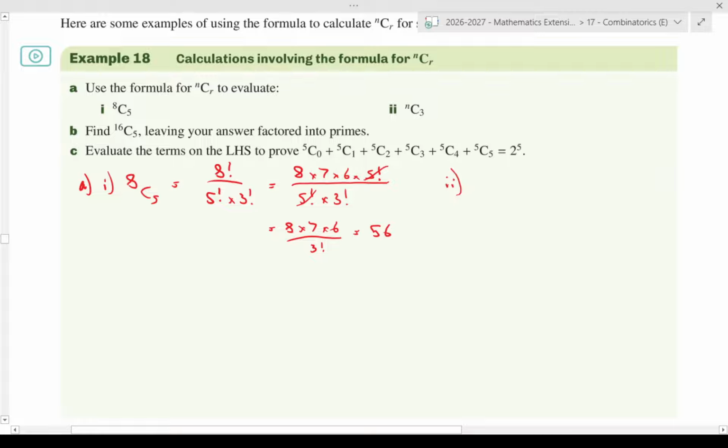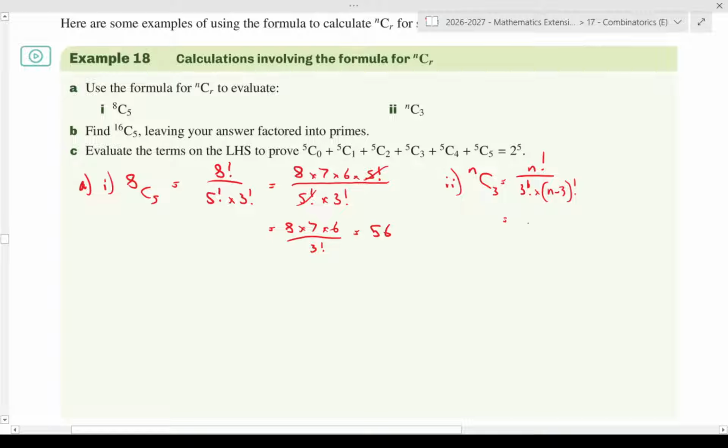We've got nC3. So that is an interesting one. That's going to end up with n factorial over 3 factorial times n minus 3 factorial. Okay. So what we're going to do now is roll this out.